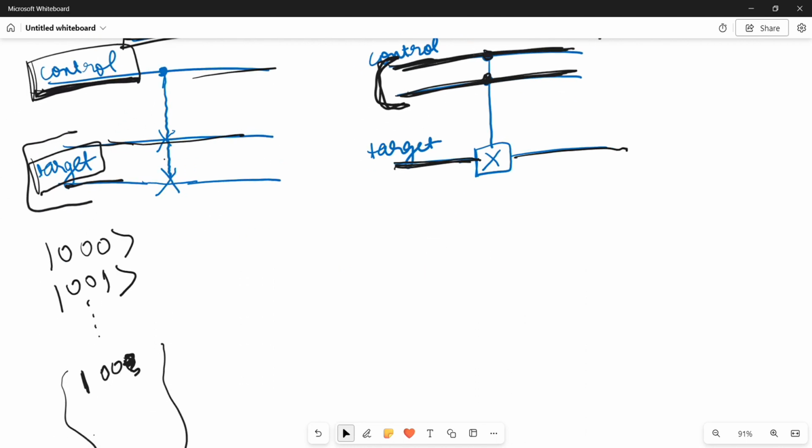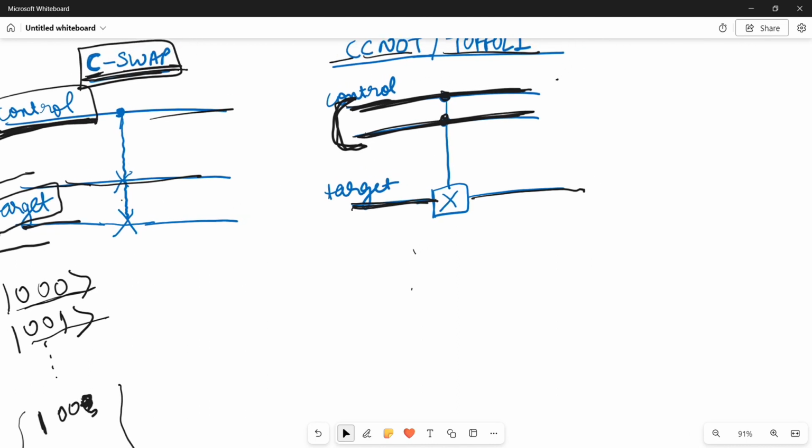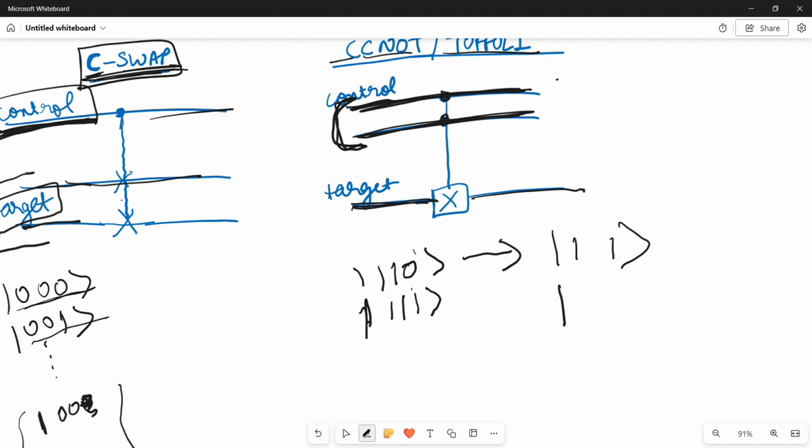Again you will get 8 combinations of 3 qubit input. From those, only the inputs 110 and 111 will have the target bit flipped, so they become 111 and 110.